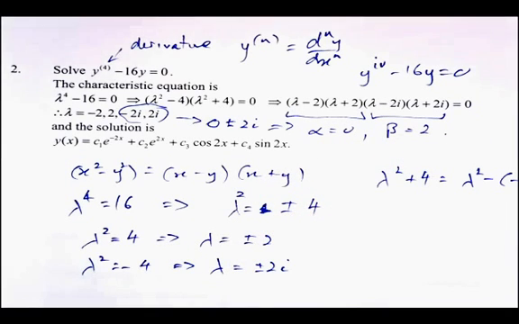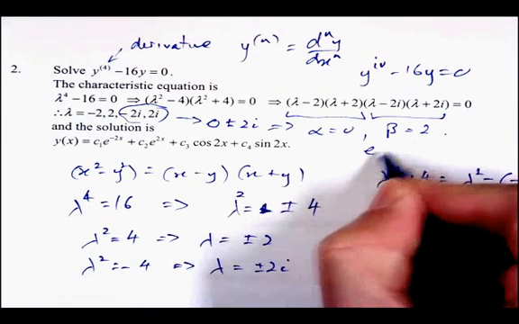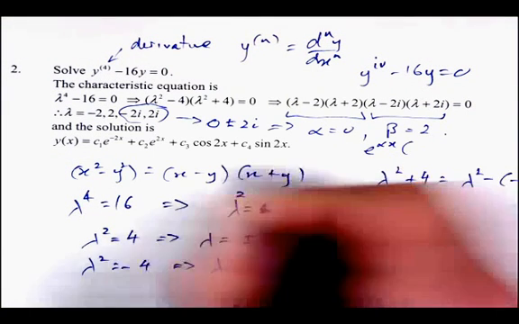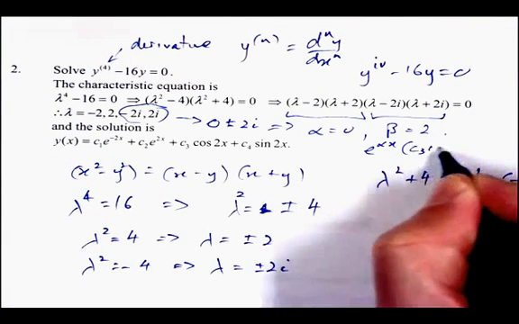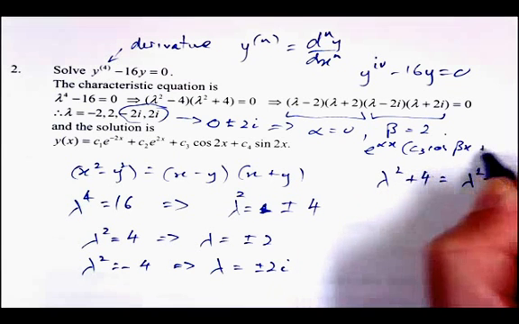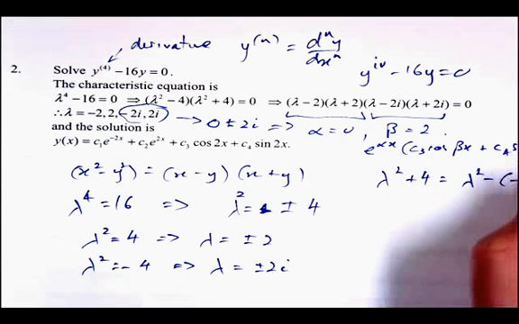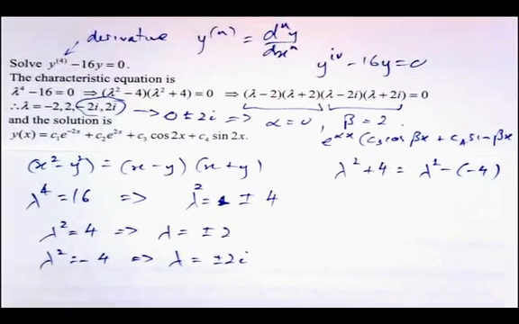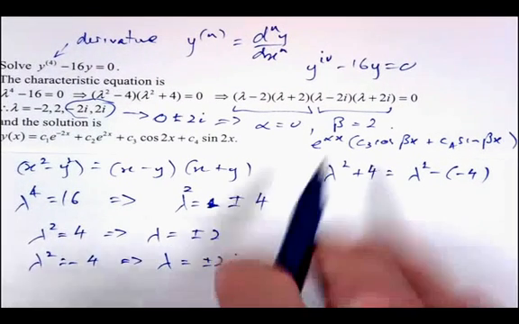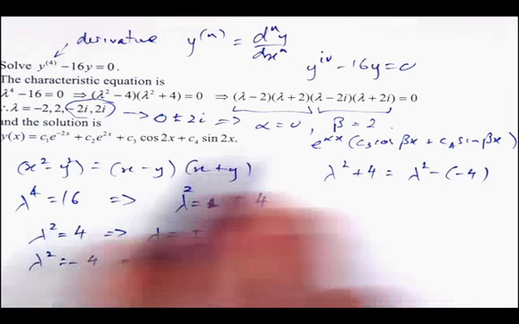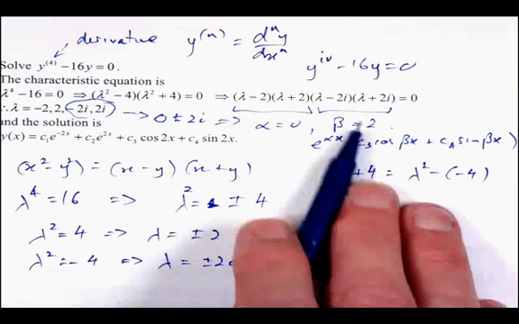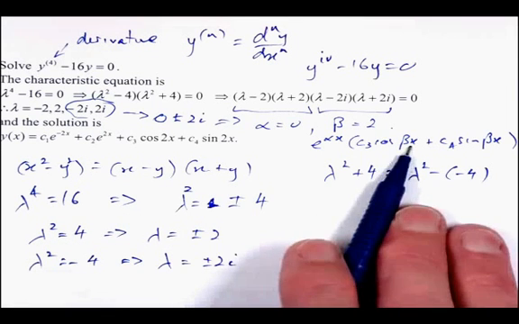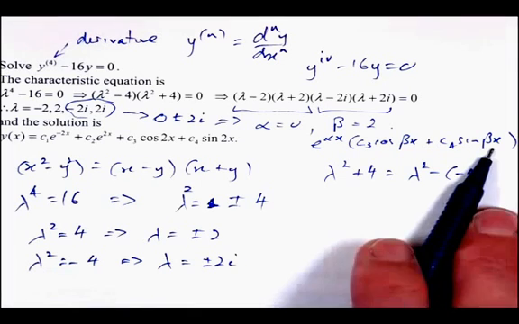And then they get combined into this e to the alpha x. In this case, I'm going to use C3 cos beta x plus C4 sine beta x. And e to the 0x is 1. So that's why there's no e to the 0x here. With the beta as 2, you get a C3 cos 2x and a C4 sine 2x.